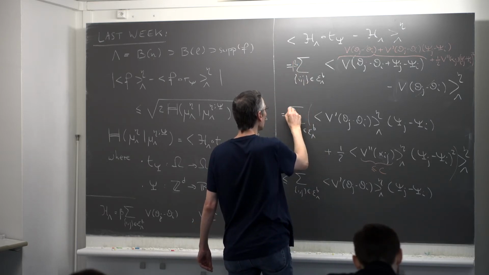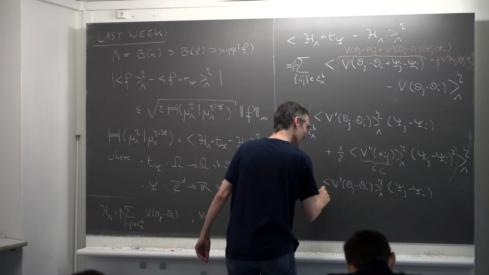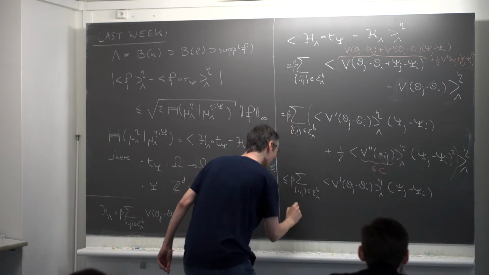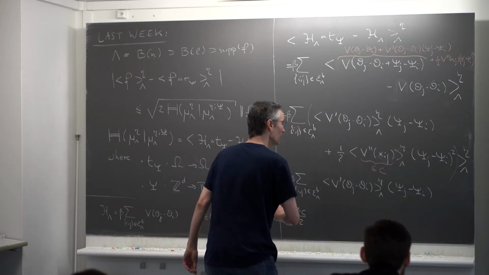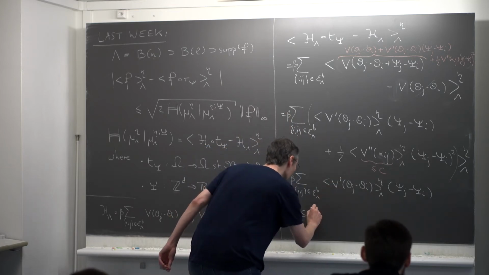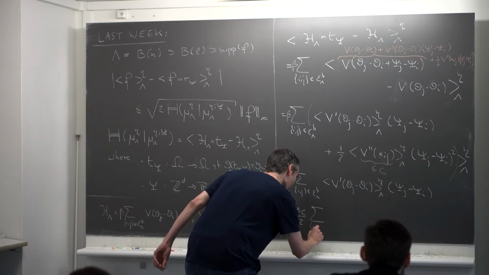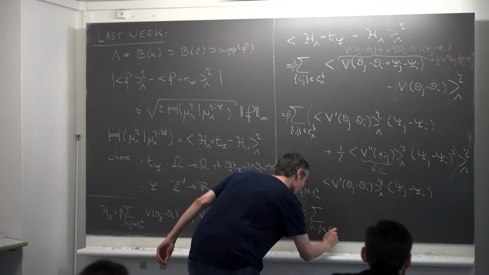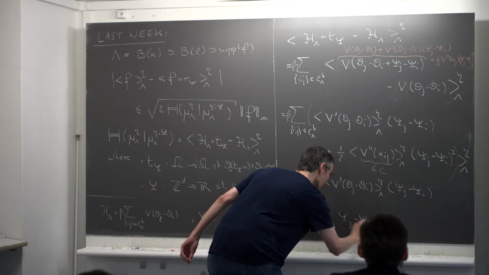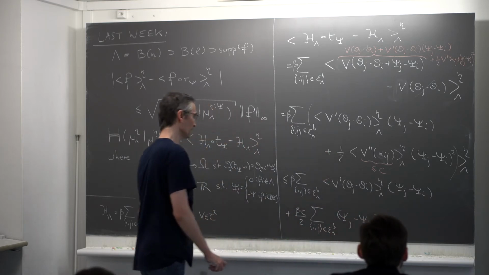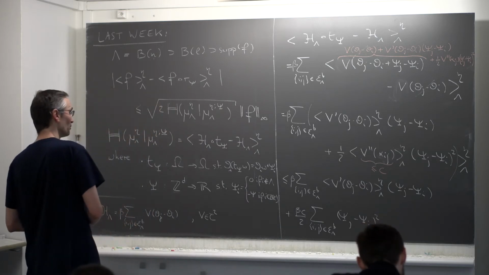It won't play any role, but just to say correct things. So I get beta c over 2, and then sum over ij's in E lambda b psi j minus psi I square. Okay? So that's what we get as an upper bound.